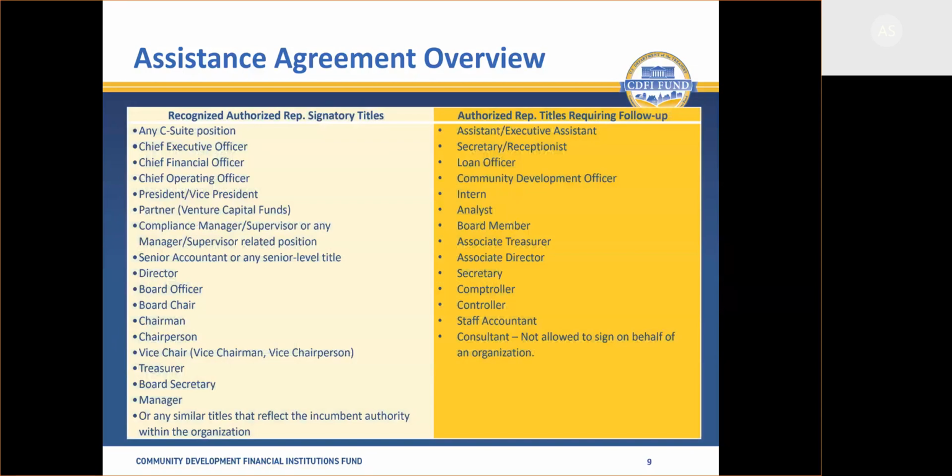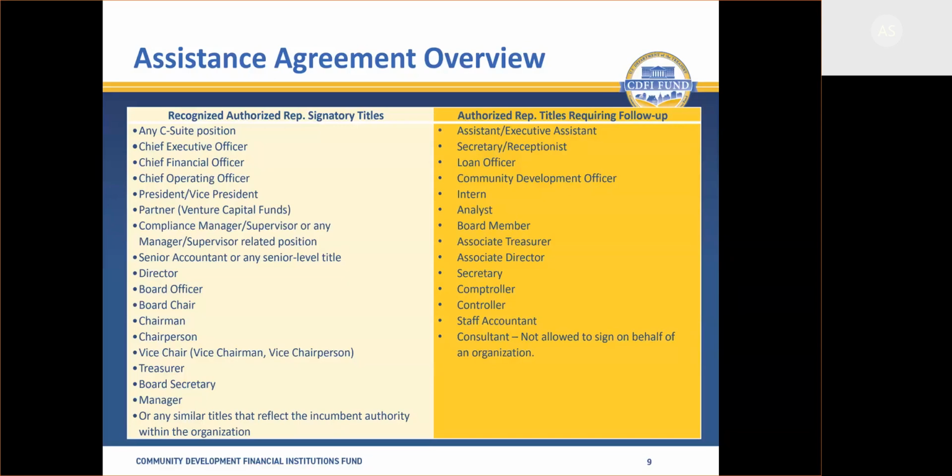This slide is of great importance, particularly as a person who was processing over 800 plus RRP assistance agreements. On the left-hand side, you see the recognized signatory titles, and I won't go over those, but please pay special attention to those. Those are the ones that will not have to have any additional follow-up, and so we feel like those certainly in any organization convey the authority.